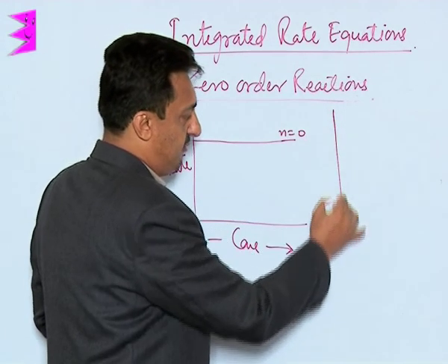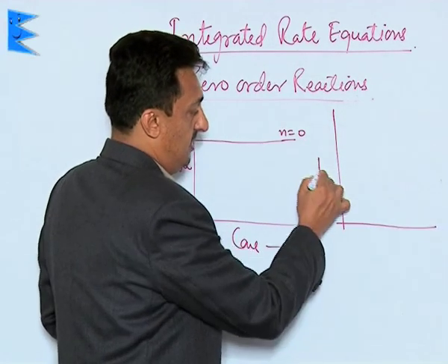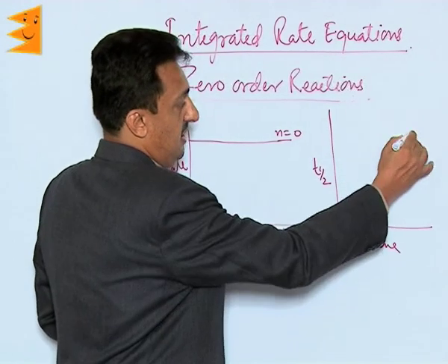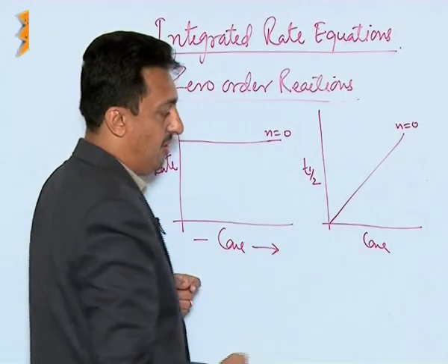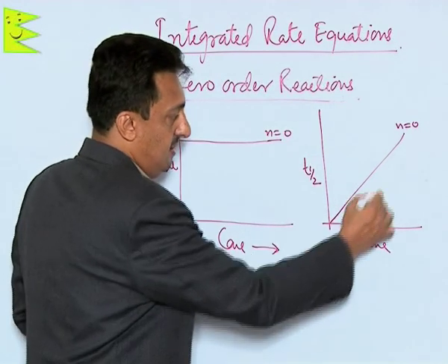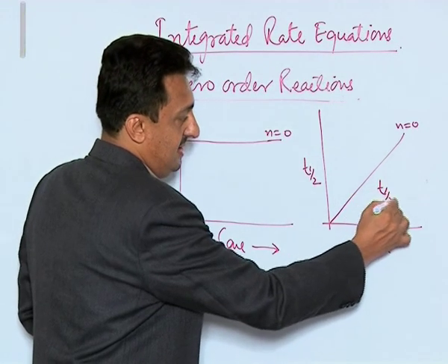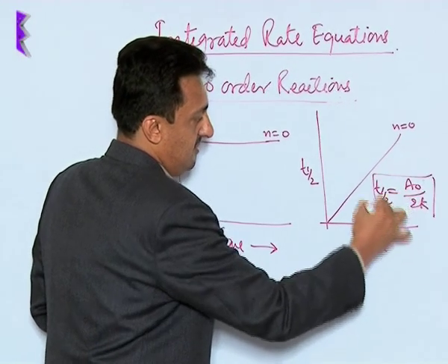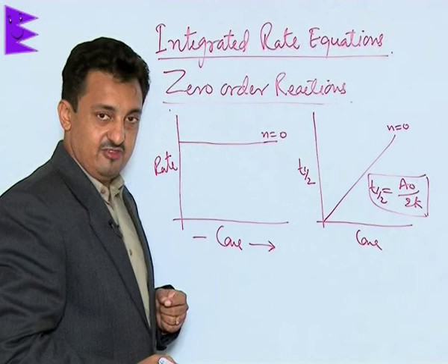The second graph, we know if we plot half-life with concentration, it will be a straight line passing through origin. The reason being, we know the formula that T half is equal to A naught upon 2K. So it is directly proportional to initial concentration.